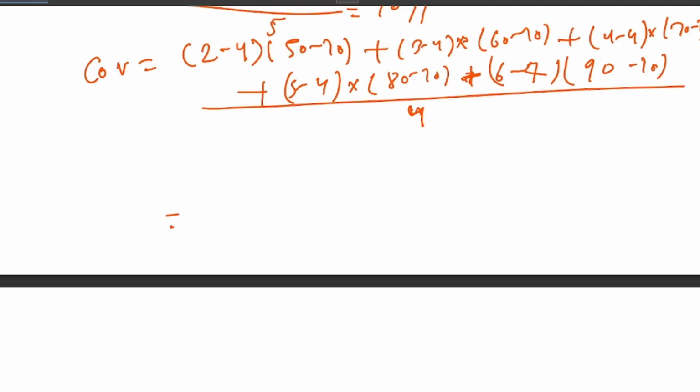Then the covariance of x comma y would be 20. You can calculate and see.